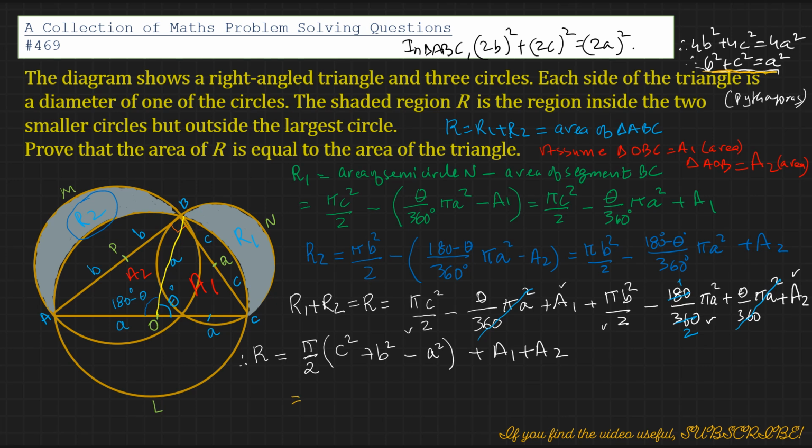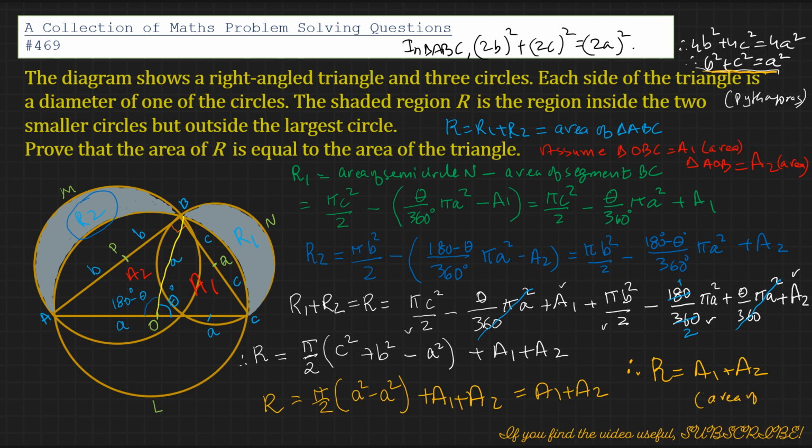So we can write that equals pi out of 2 times a square minus a square plus A1 plus A2, and that equals A1 plus A2, and therefore R equals A1 plus A2, area of the triangle ABC, and that's proved.